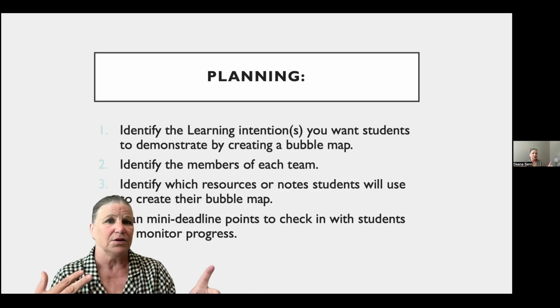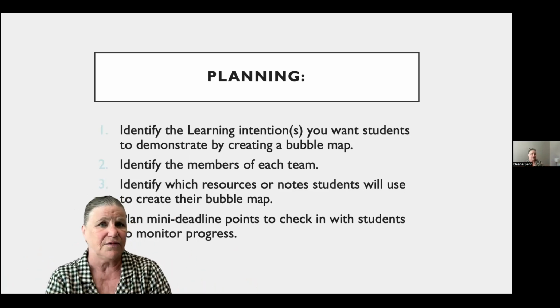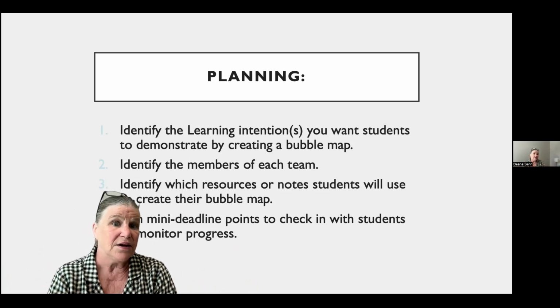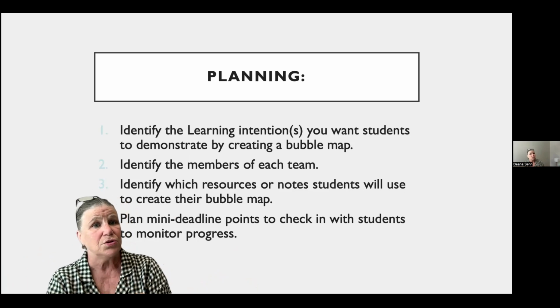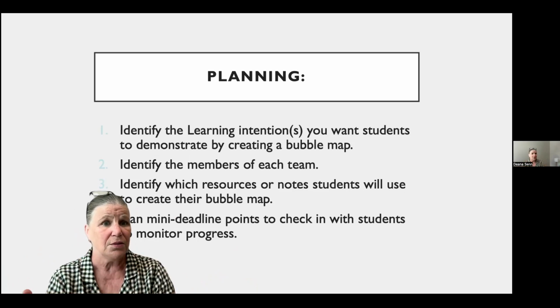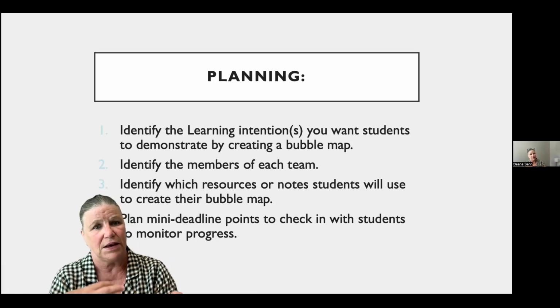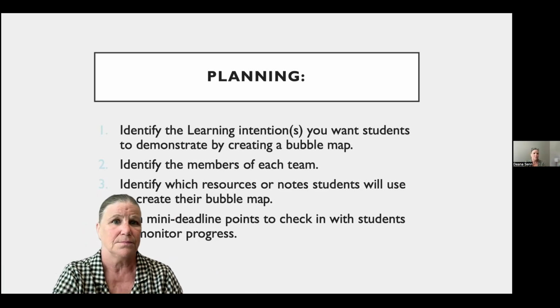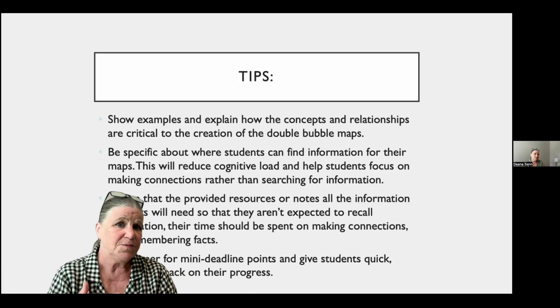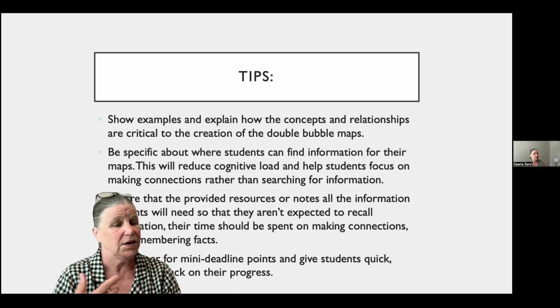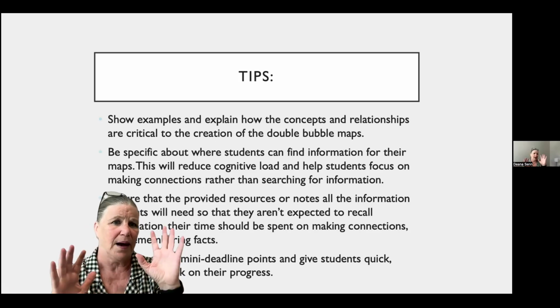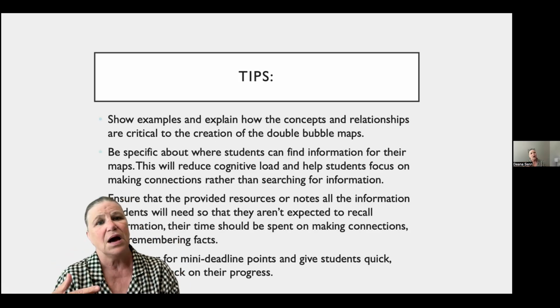So the planning for this ends up being pretty small, right? You need to identify the learning intentions, identify the members of each team, identify which resources or notes students are going to use to create their map, and then, of course, plan mini deadlines for students to check in and monitor progress. Some tips to think about also are making sure you set a timer. I'm going backwards here. Make sure you set a timer.